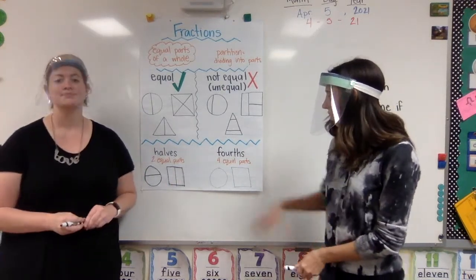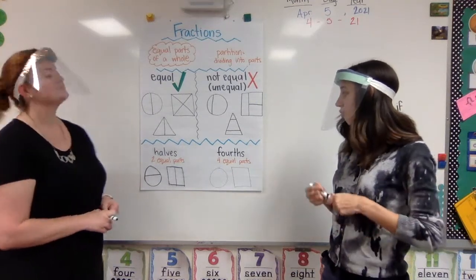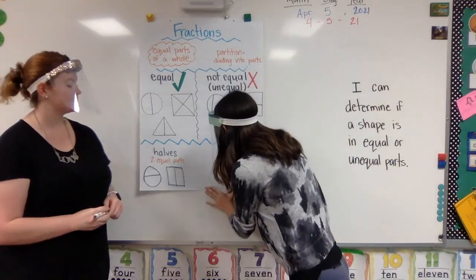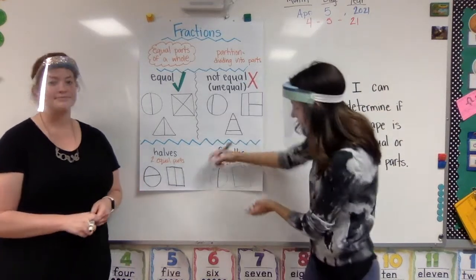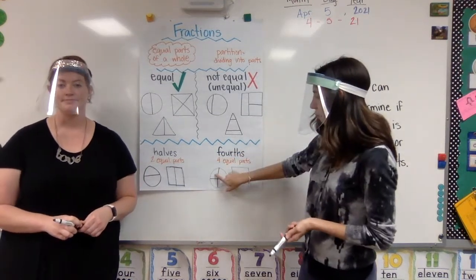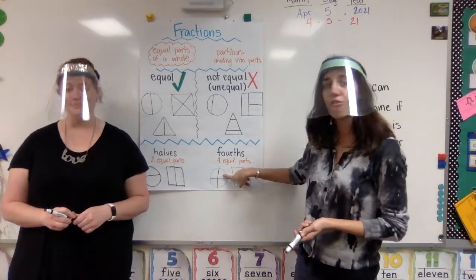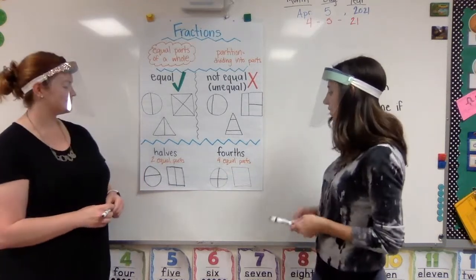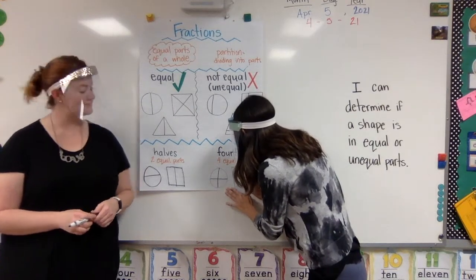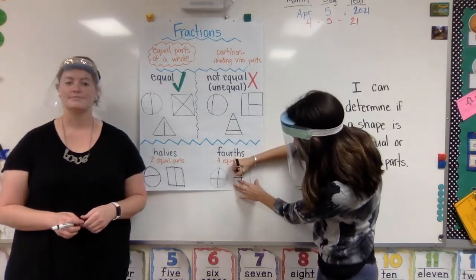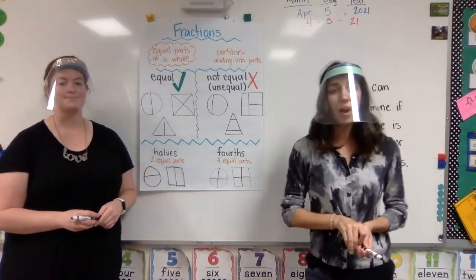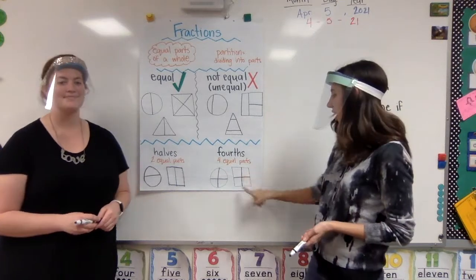Well, if I were to divide those same shapes into fourths, so 4 equal parts, I could put a line straight down the middle of my circle, and then I could put a line across the side right here. Oh, and I would have 1, 2, 3, 4 equal parts. And if I were to do the same thing with my square, I would put a line straight down the middle, and I could put a line straight across, and now I would have 1, 2, 3, 4 equal parts for fourths of a square.